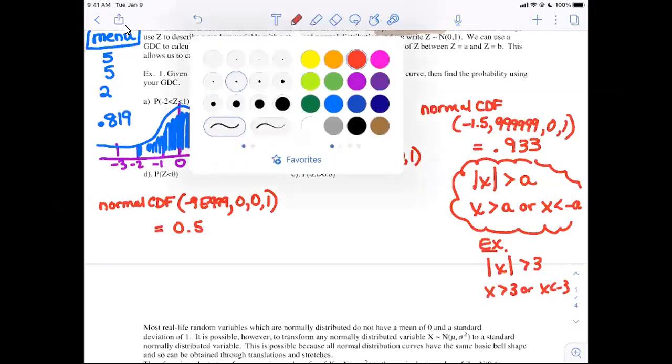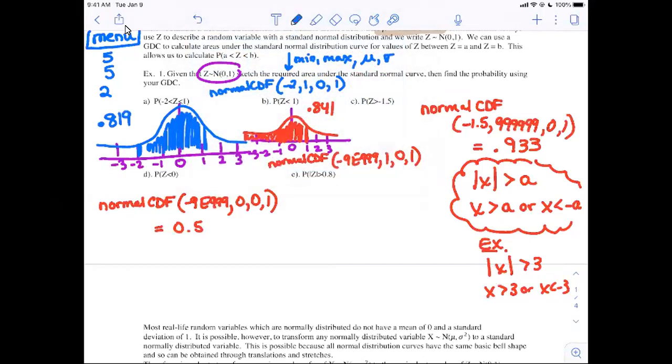So having said that, I need to rewrite this then as the probability of z greater than 0.8 and the probability of z less than negative 0.8. So you're going to need to do both of those and add them together. Now, before you do that, let me make your life a little bit easier.